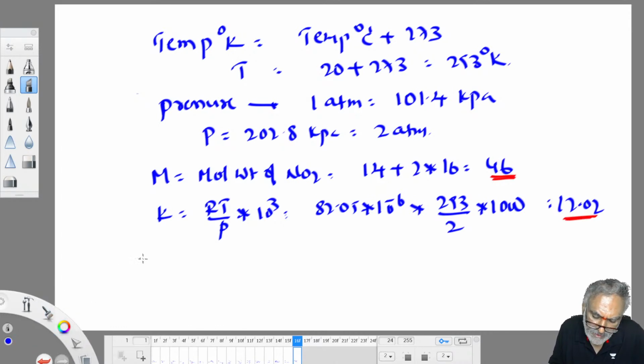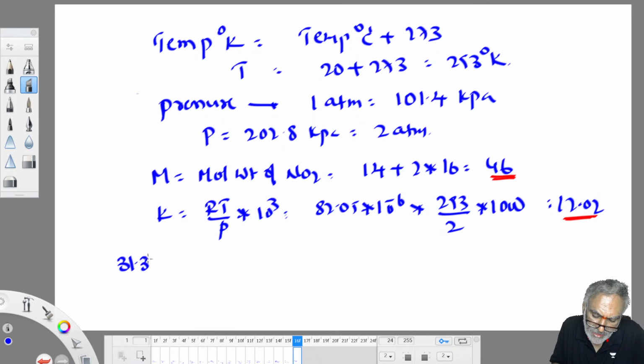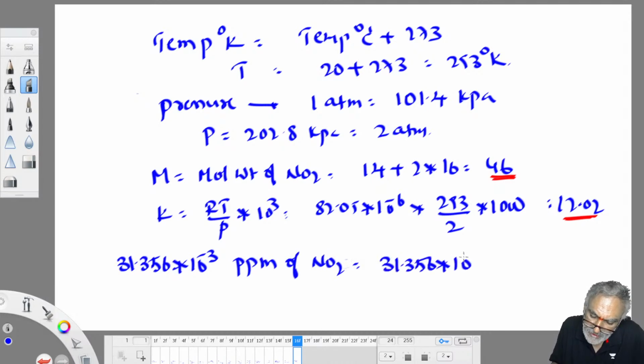Next conversion. So what is given there? 31.356. So 31.356 into 10 power minus 3 ppm is equal to 31.356 into ppm of which gas? NO2. NO2 is equal to 31.356 into 10 power minus 3 into M by K into 10 cube, no, sorry, microgram per meter cube.